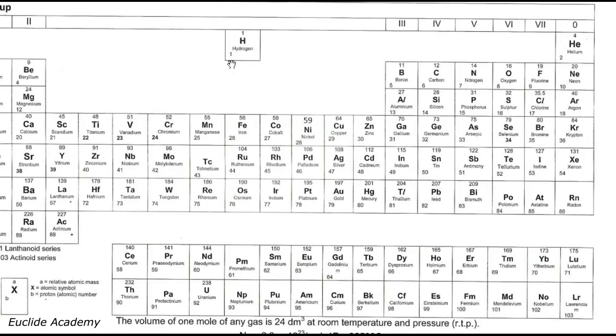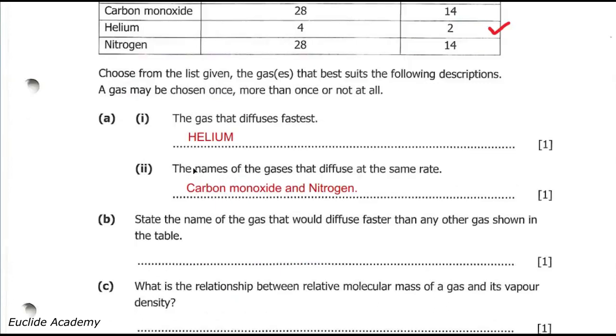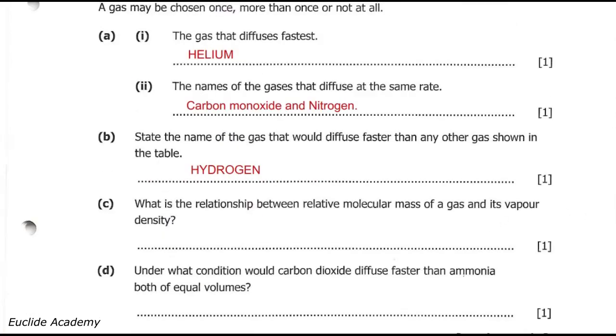So hydrogen definitely will qualify to be the fastest here compared to helium, ammonia, carbon monoxide and dioxide, as well as nitrogen. So hydrogen will be the name of the gas.